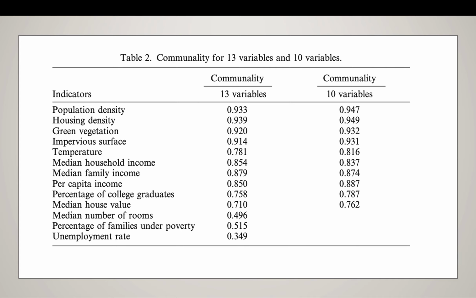For this particular research paper, they picked a few different variables in order to create that quality of life score. For example, they picked population density, housing density, green vegetation, impervious surface, temperature, median house income, median family income, per capita income, percentage of college graduates, median house value, median number of rooms, percentage of families under poverty, and employment rate.